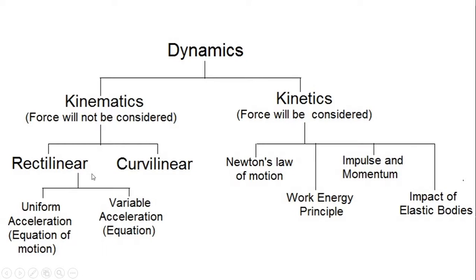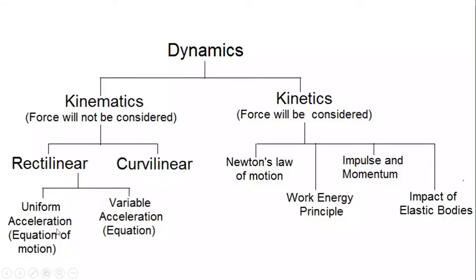Rectilinear means the object is moving in a straight path, and curvilinear means the object is moving in a curved path. Rectilinear is further classified into uniform acceleration and variable acceleration.